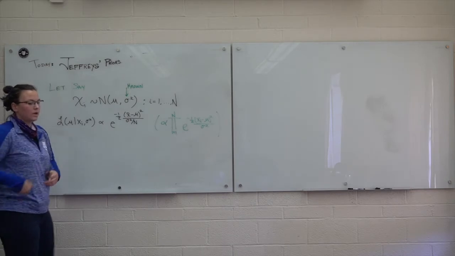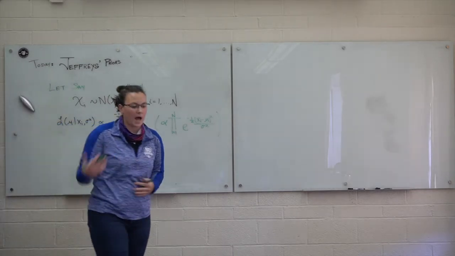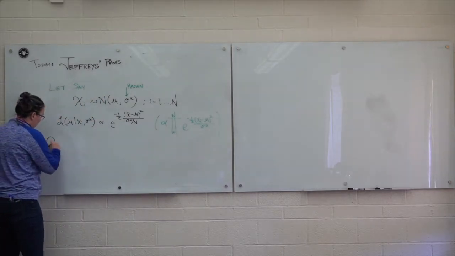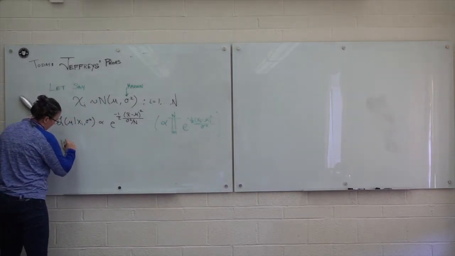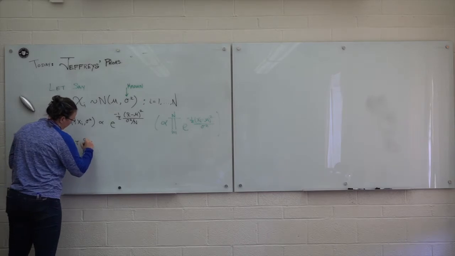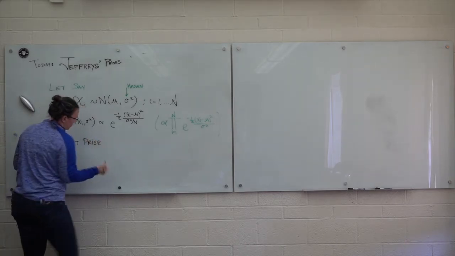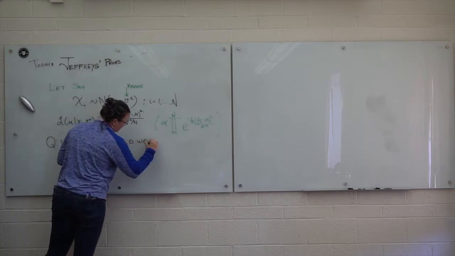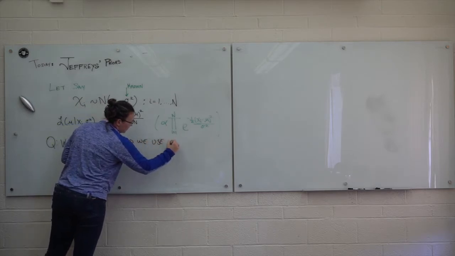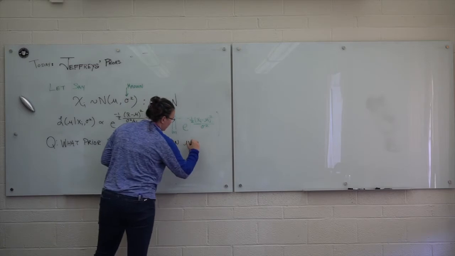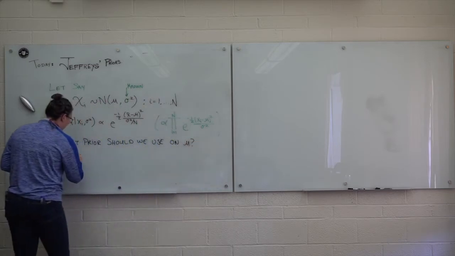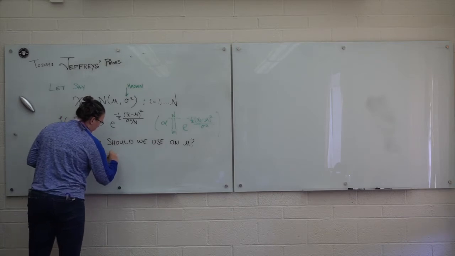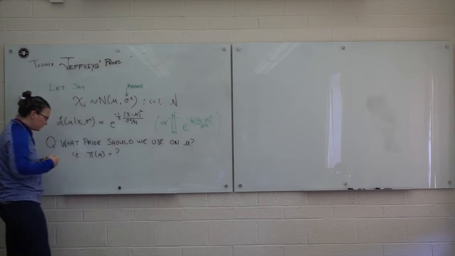Now, a question that I posed in class is, what prior should we use on mu, i.e., p(mu) equal to what?